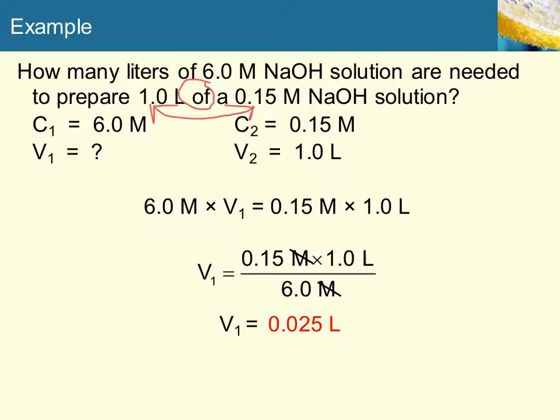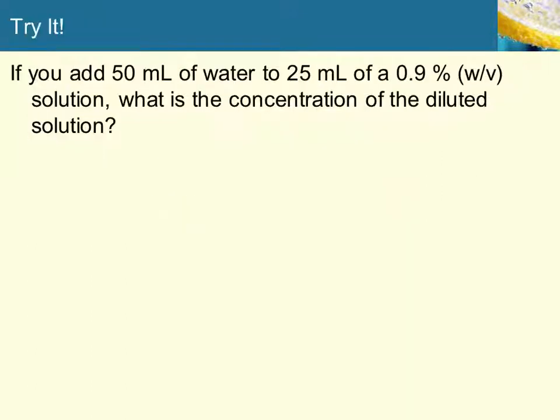So this is our final concentration, 0.15, and our final volume, 1 liter. How many liters? We don't know that. That's our V1. That's what we're starting with. Of a 6 molar, that's our C1. So then we simply plug and chug. 6 times X equals 0.15 times 1. So 6X equals 0.15. We divide by 6, and we get our final volume.